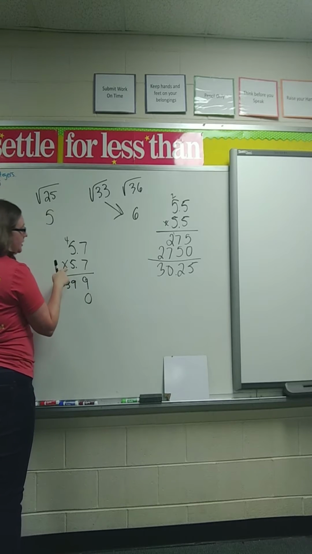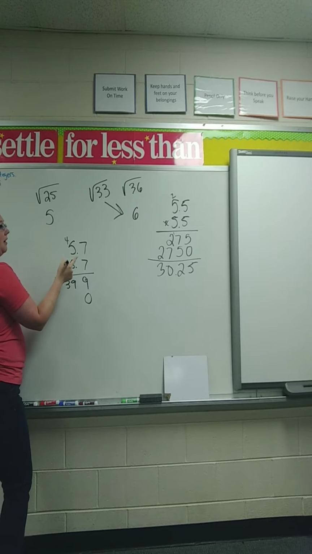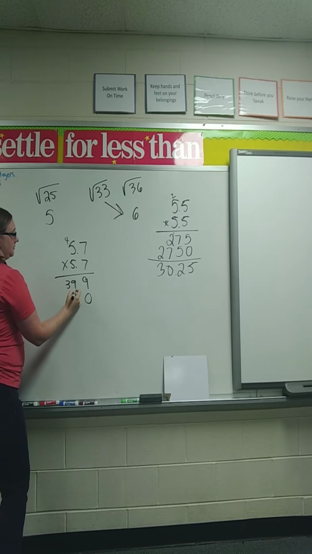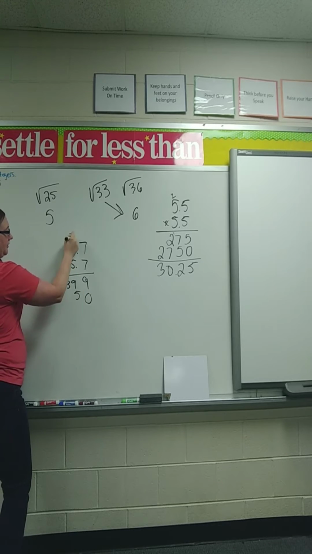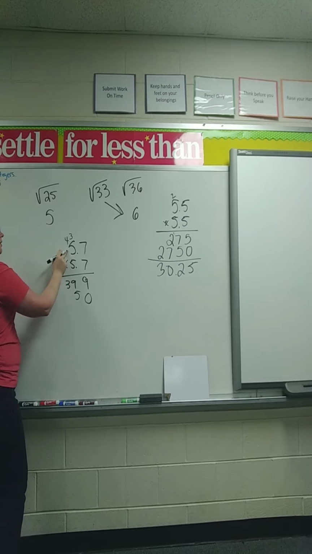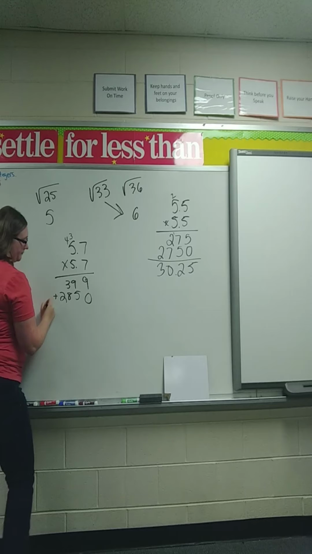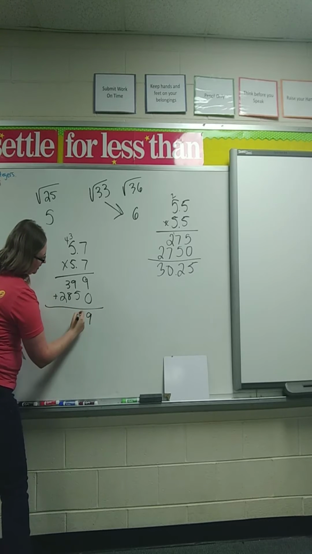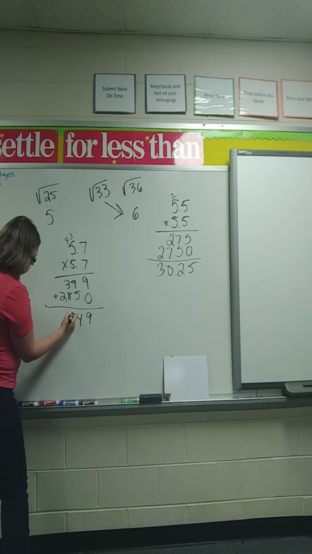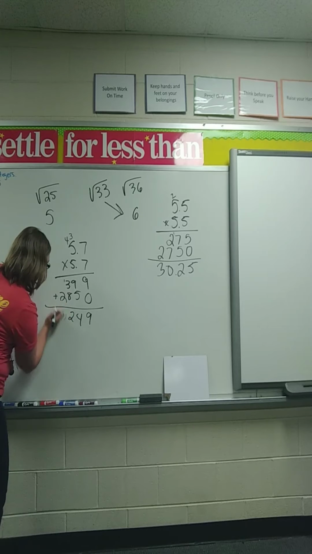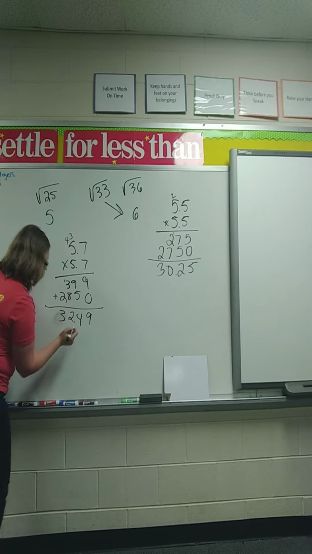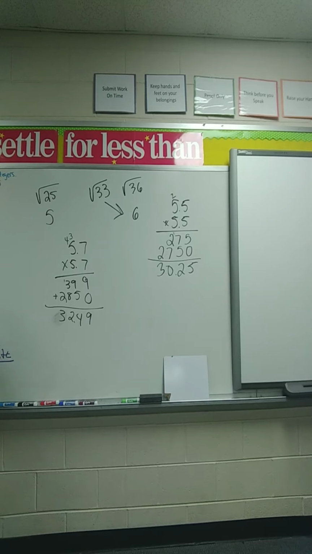Add a 0. 5 times 7 is? 35. Carry the 3. 5 times 5 is? 25. Plus 3 is? 28. Adding 9.4, 32.49.